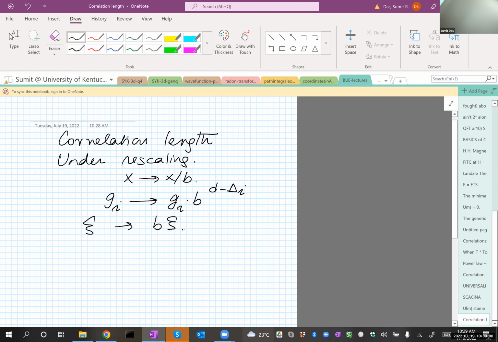Why? Because if I had a distance of 5 centimeters, it is 5 times 1 centimeter. Now, if I change my basic unit from 1 centimeter to, say, 2 centimeters, in terms of my new unit, the correlation length will be not 5, but 5 upon 2. So the scaling went as 1 upon b times x. That's why the correlation length goes as b times xi. So combining this, you have an equation.